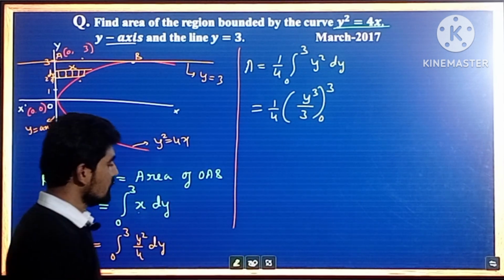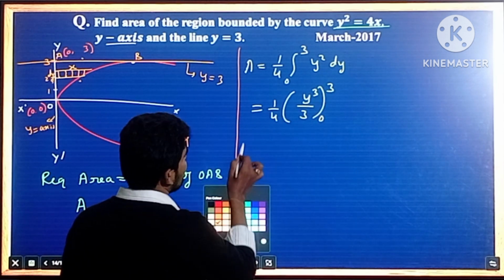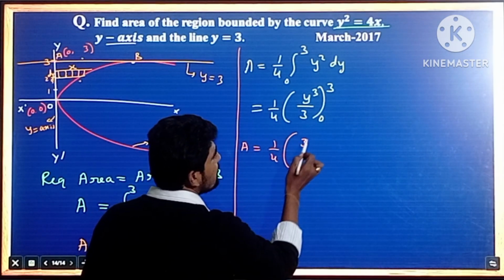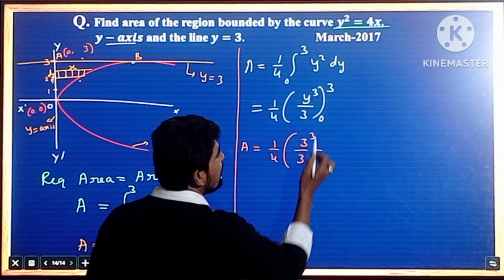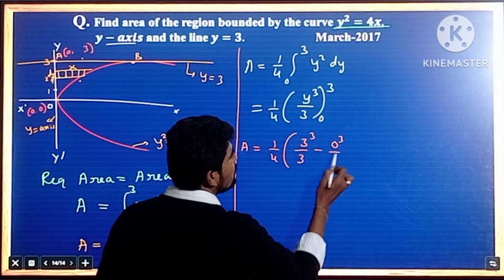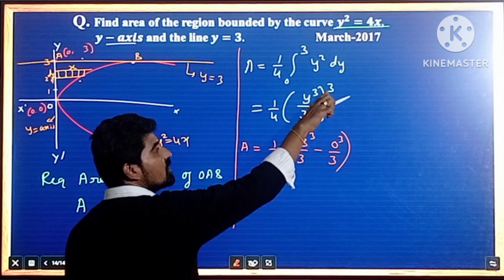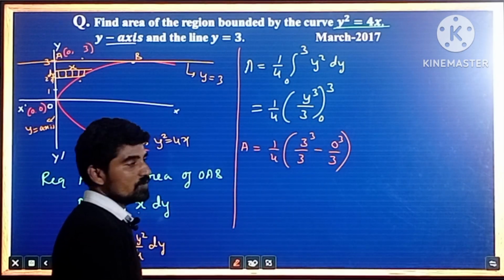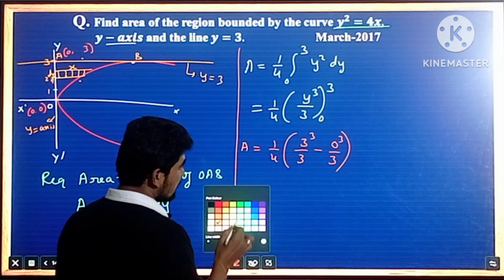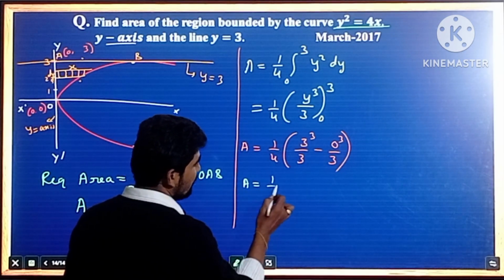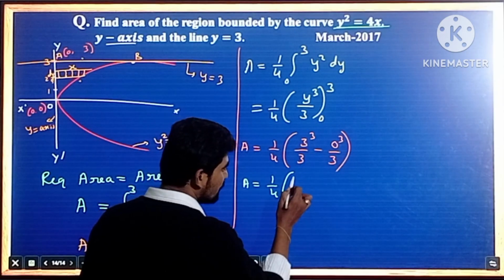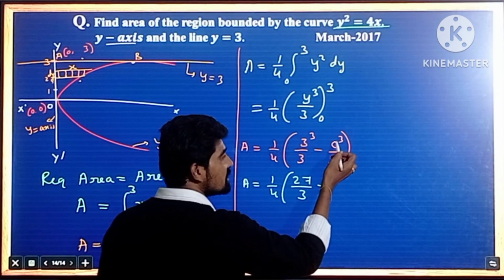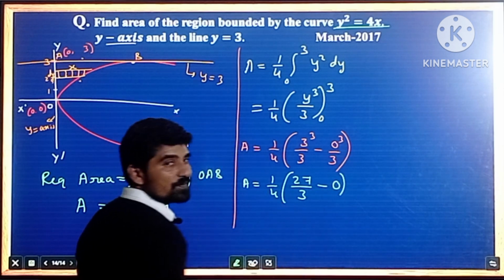I hope all of you understood. Now therefore area is equal to 1 by 4 into upper limit 3 cube divided by 3 minus lower limit 0 cube divided by 3, because the upper limit is 3 in place of y, the lower limit is 0 in place of y. Now area is equal to 1 by 4 into, see here 3 cube is 27 divided by 3 as it is, minus 0 cube is 0, 0 by anything is 0.